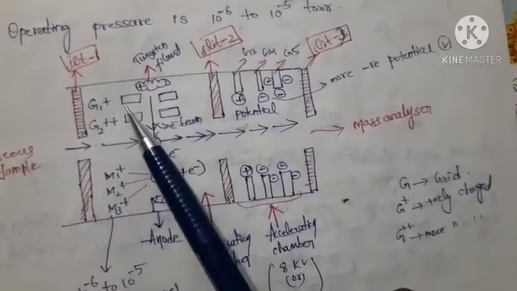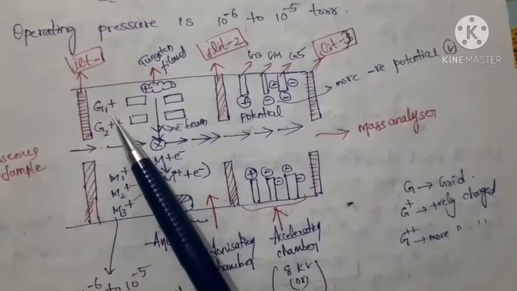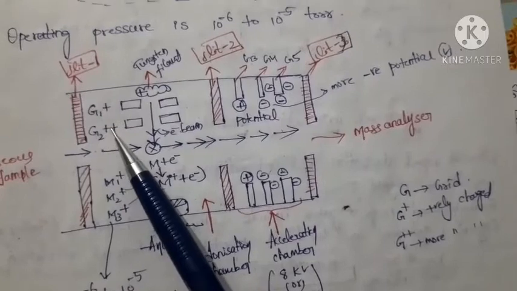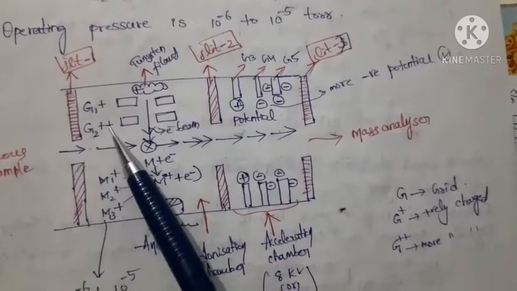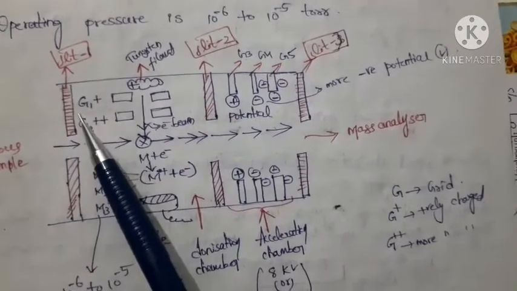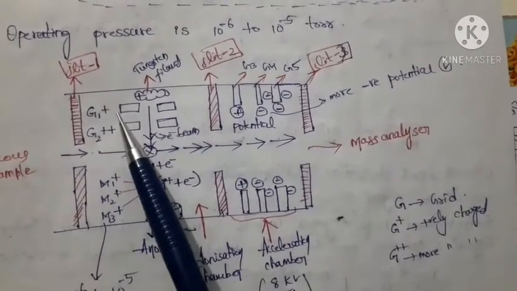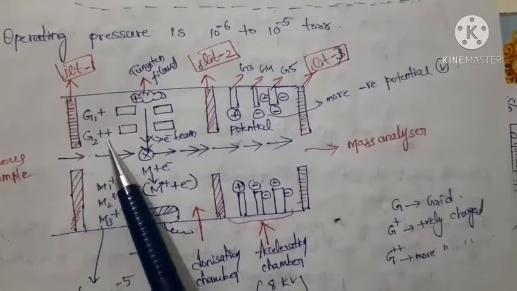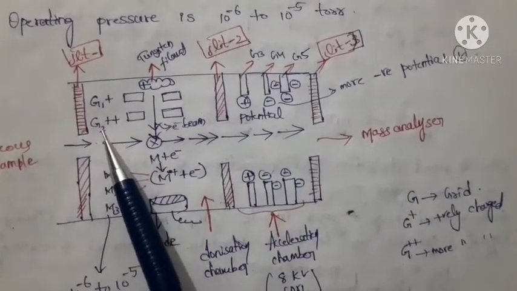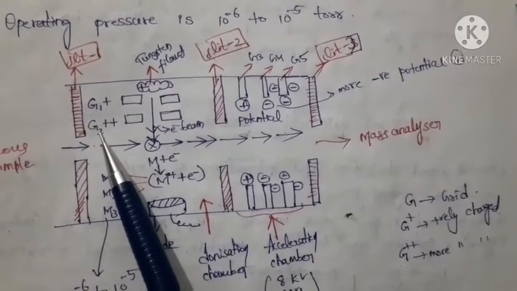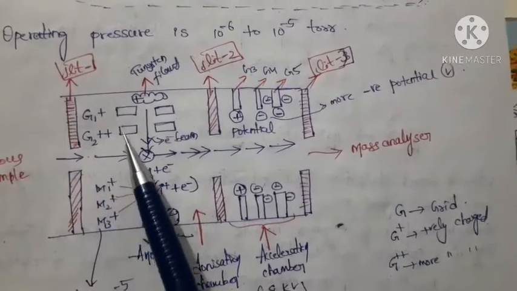Here I have mentioned one positive charge, but here I have mentioned 2 or 3, like that we may mention. So this G plus indicates that this grid is positively charged, and here two positive charges are present. That means this grid is more, or highly, positively charged.